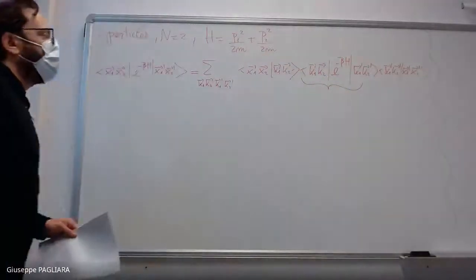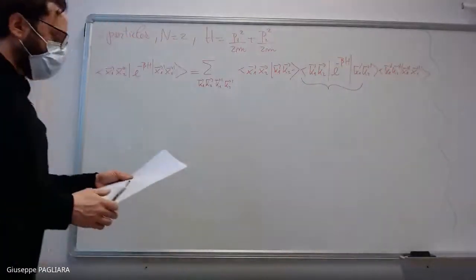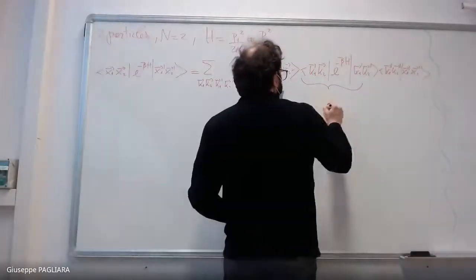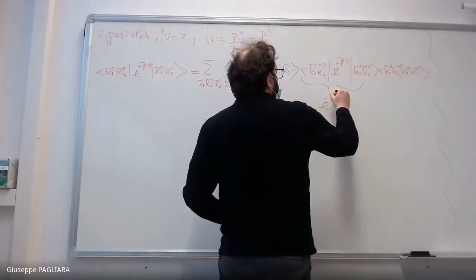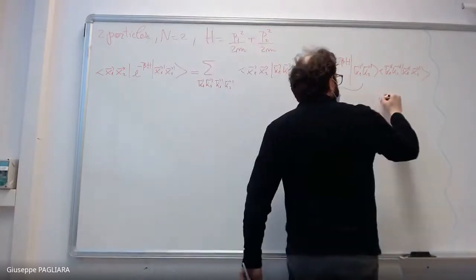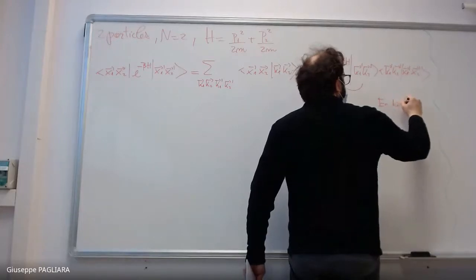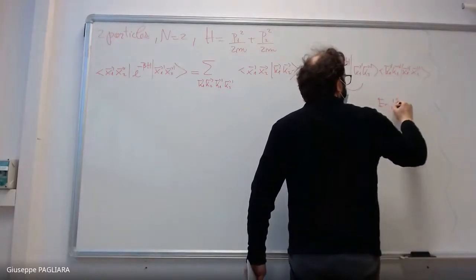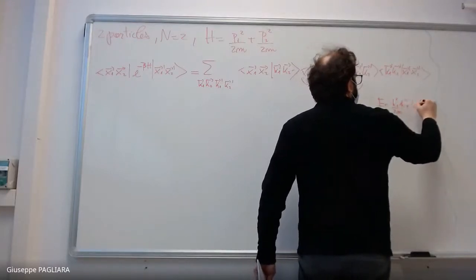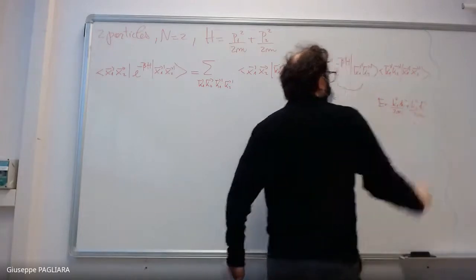because now we are in the eigenstates of the Hamiltonian, so therefore this is just e to the minus beta E, and for the moment let me indicate with this, where E is K1 squared h bar squared divided by 2m plus K2 squared h bar squared divided by 2m.